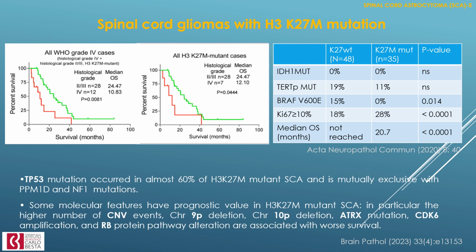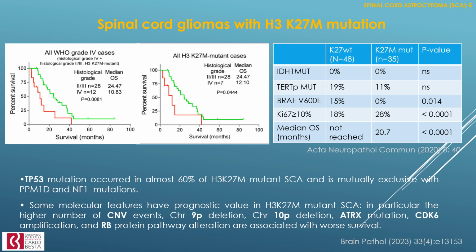Their first study was published in 2020 and described 83 spinal astrocytomas. The median overall survival of histological grade 2-3 mutant cases was significantly longer than that of either the total histological grade 4 cases, as you can see in the figure on the left, or the H3K27 mutant histological grade 4 cases in the figure on the right.